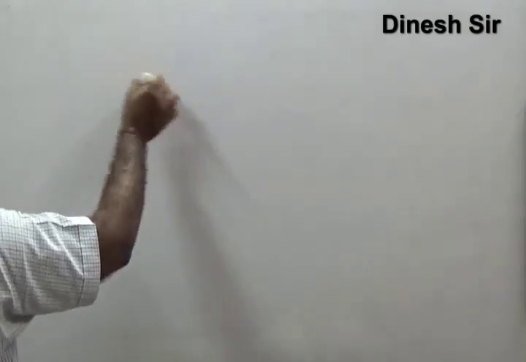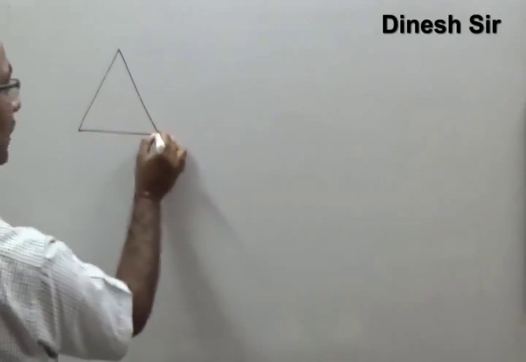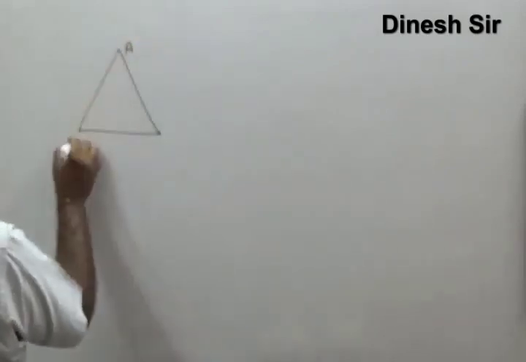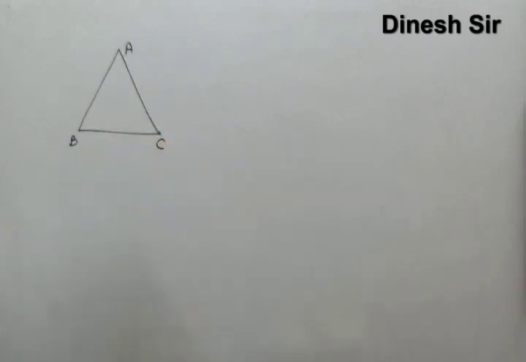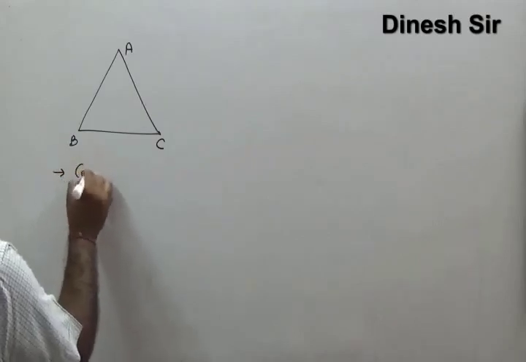Now after understanding internal division, external division as well as the distance formula, we start here with the concept of a triangle. Earlier I told you how to find the area of the triangle. Now in this question we are primarily concerned with finding 3 points. First one is the centroid.